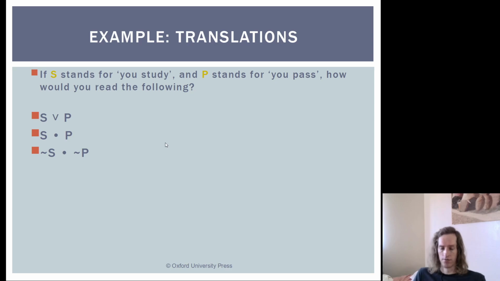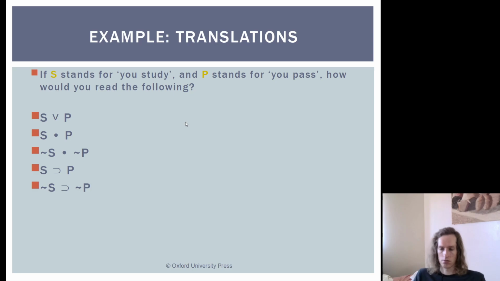So here we have something slightly more complex. We've got not S and not P. So this would translate to it is not the case that you study and it is not the case that you pass. This by itself, well, never mind, I'd be getting ahead of myself there. All right, next we've got if S, then P. So if you study, then you will pass.